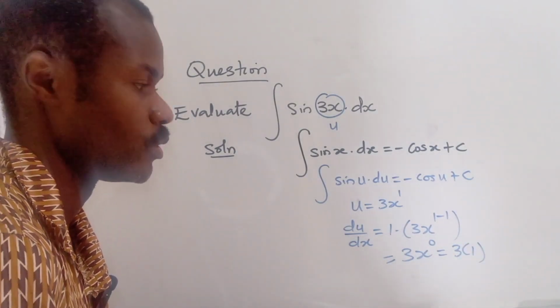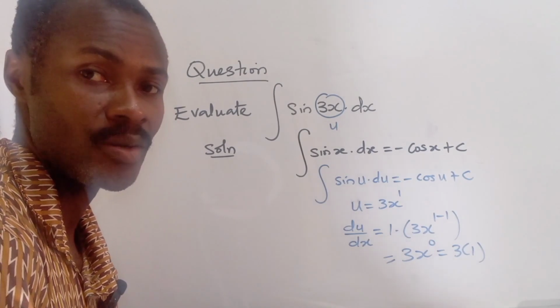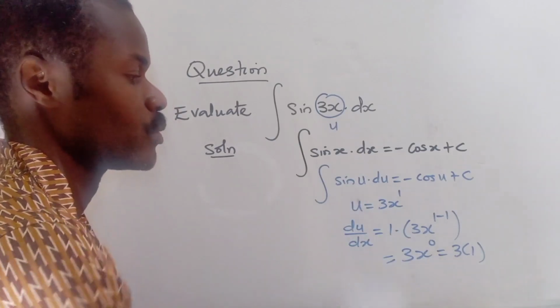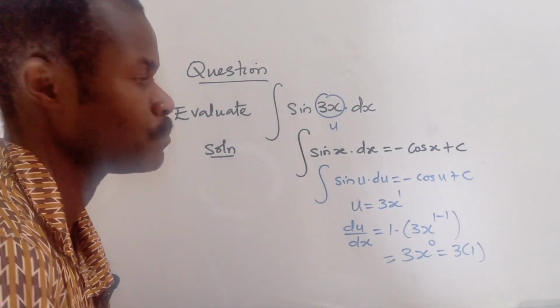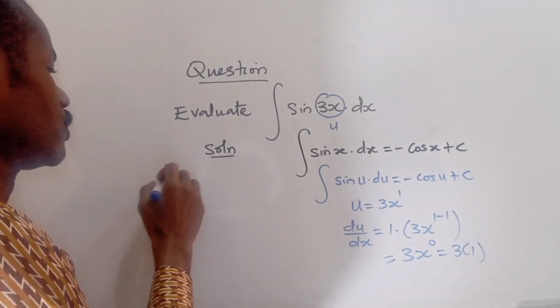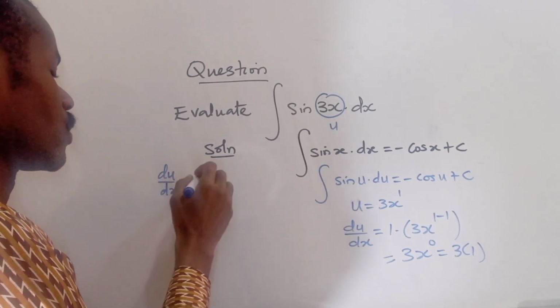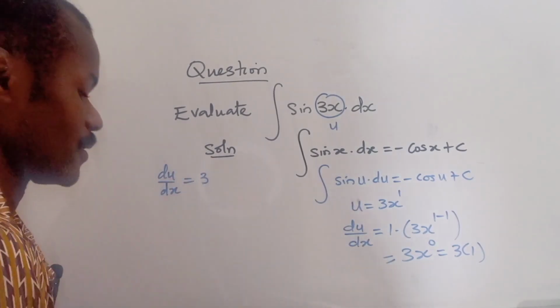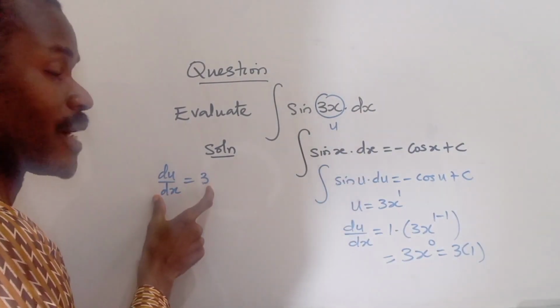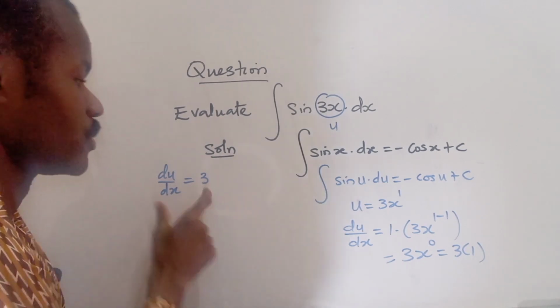Applying your principle of indices or exponents, x to the power of 0 is 1, so 3 times 1 is still 3. So now that we know that du over dx is equal to 3, we can solve for dx by making dx the subject.